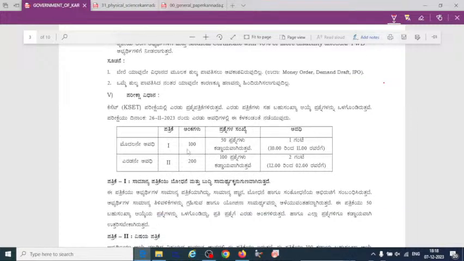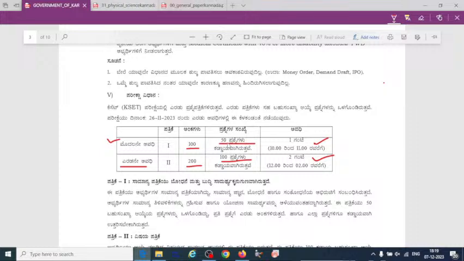As we know, the detailed information has been given by KEA. There will be 100 marks for the GK paper, with 50 questions, and they are going to give 1 hour. Another paper is the core subject, 200 marks. I am going to explain about physics. So totally 200 marks, 100 questions, 2 hours.